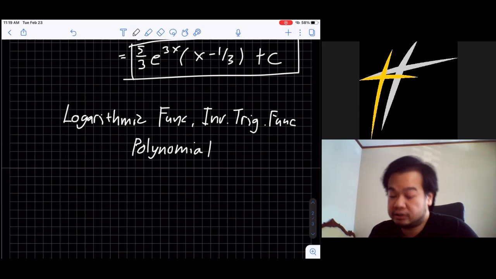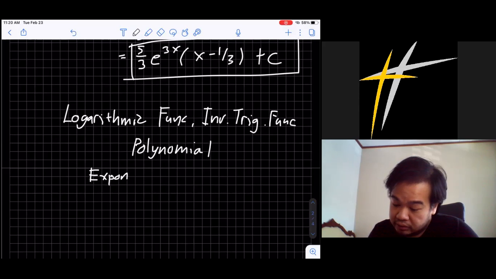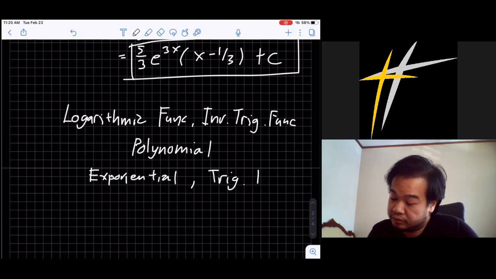And then the last level is exponential and trigonometric function.